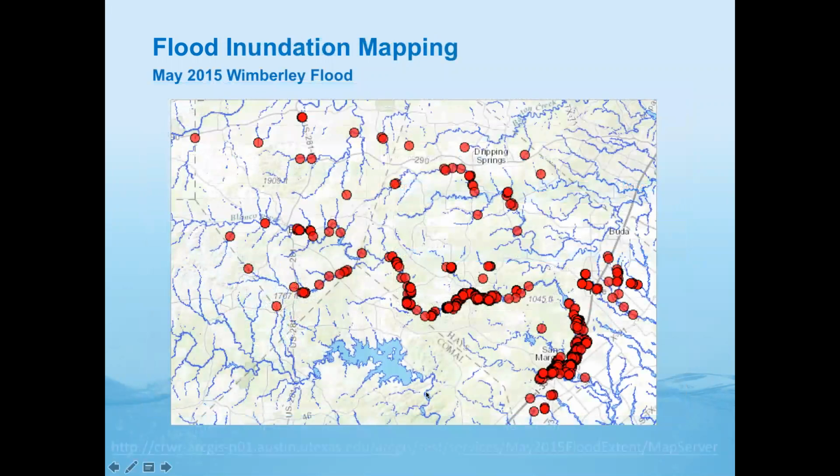This is the result of a HAND calculation where once you've determined the HAND elevation raster for an area, it's just a simple raster operation to highlight what would be inundated at a certain height above stream bed.